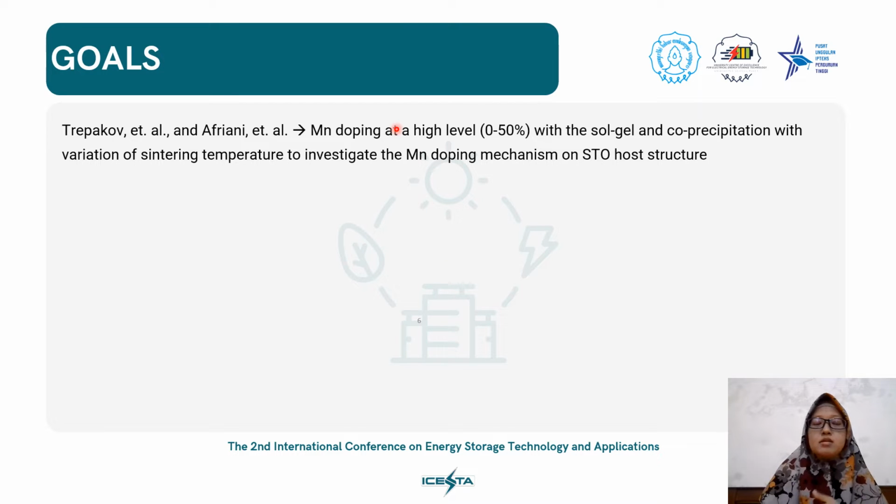Several studies have conducted the synthesis of Mn-doped SrTiO at high levels with several methods and various sintering temperatures to investigate the doping mechanism in the SrTiO structure. Here we think that it is necessary to further explore the synthesis process so it can maximize the application of SrTiO.